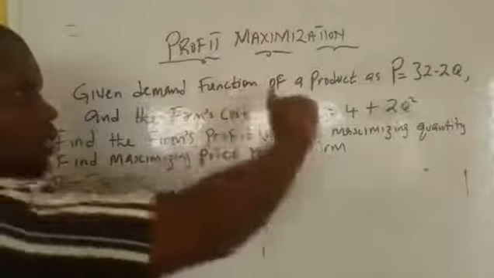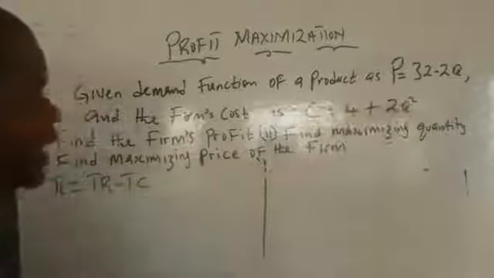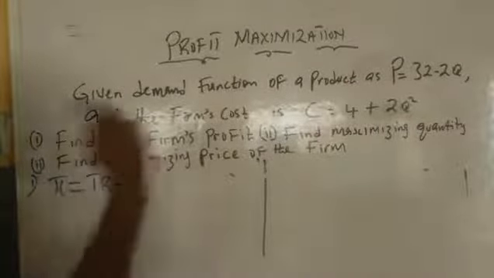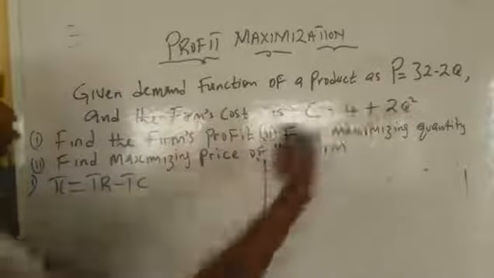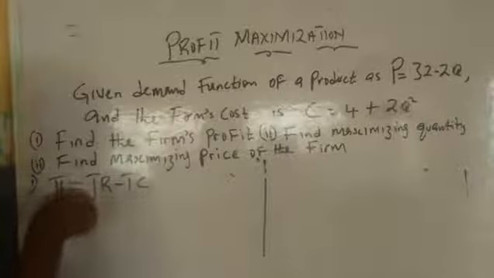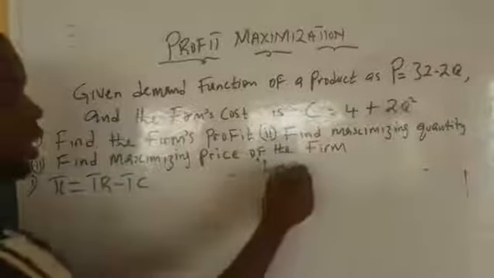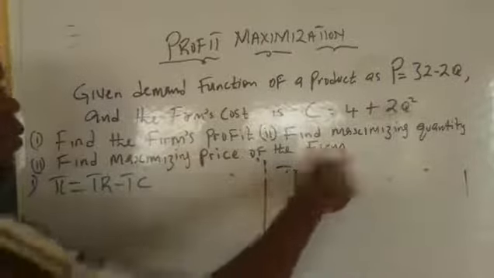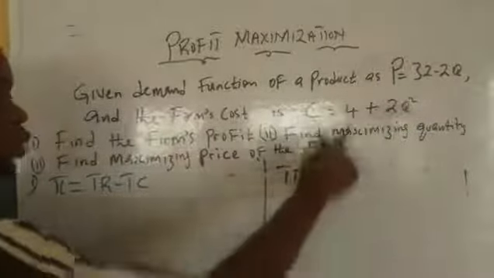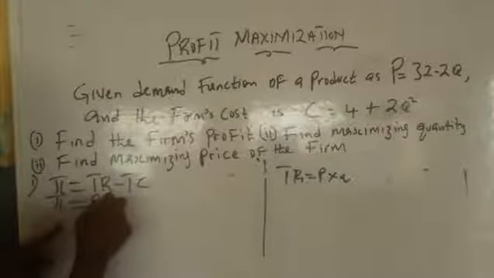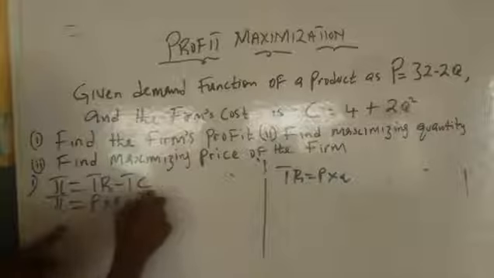There is no total revenue given, so we need to look for the formula for total revenue, which is P times Q. P is given here, so we can use P times Q to get total revenue. So we say profit equals P times Q minus total cost.